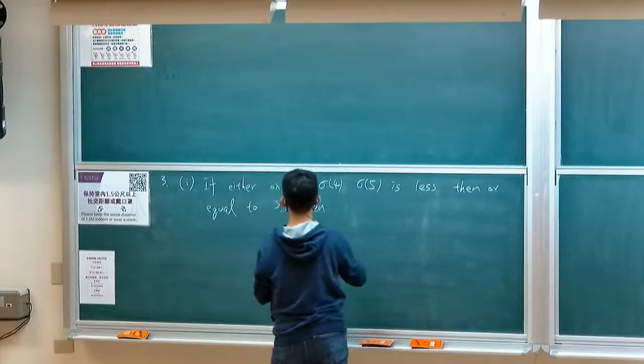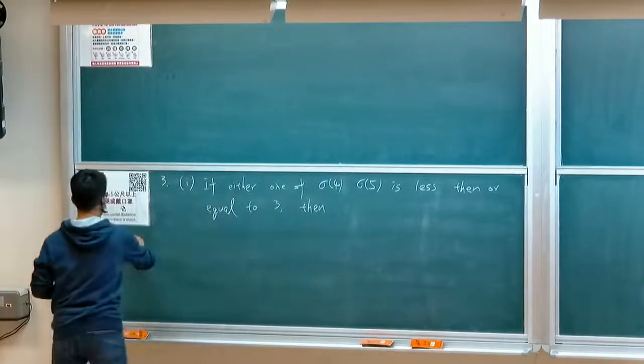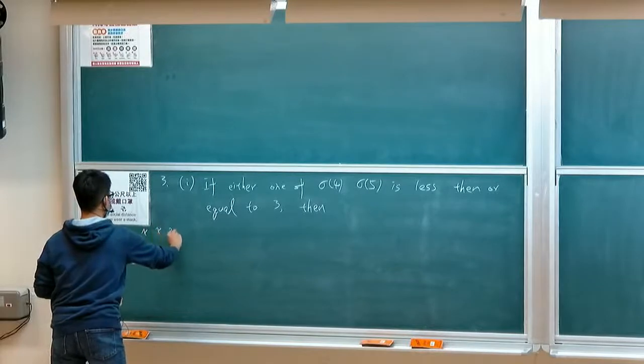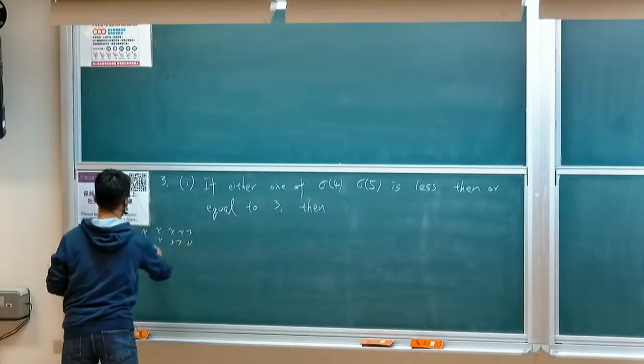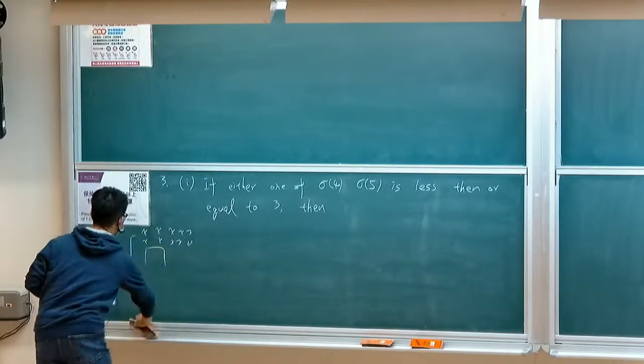Then, since the matrix is in this form, x, x, x, x, x, x, and we have a 3 by 3 zero block here.